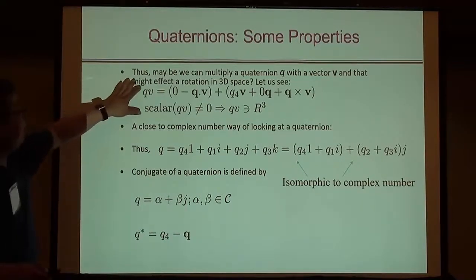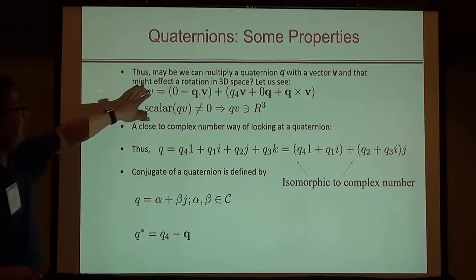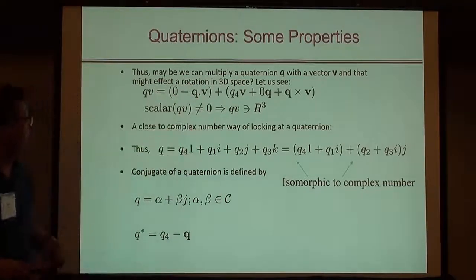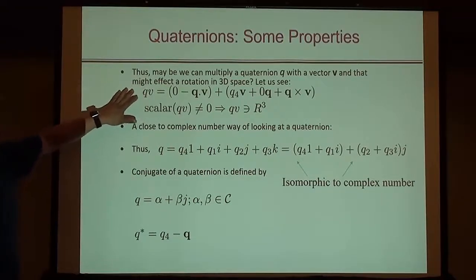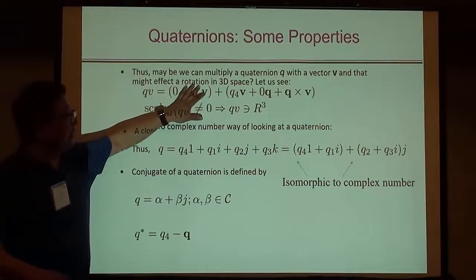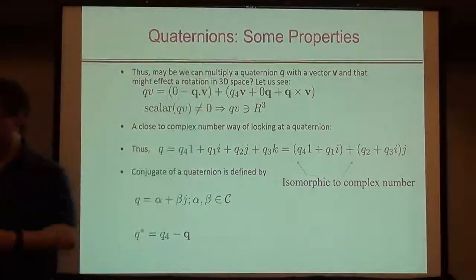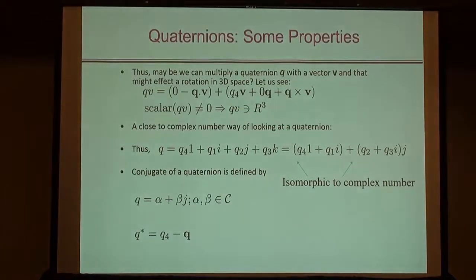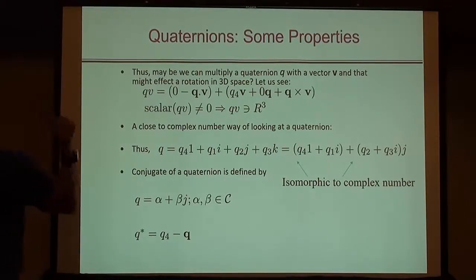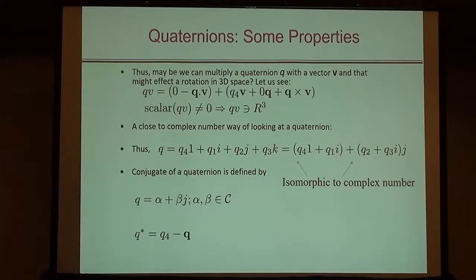Now, the other thing we want to look into is multiplying a quaternion with a vector, and how that may affect the movement of the vector. The whole purpose that we are interested in quaternions is because they can represent rotations, right? So if we multiply a quaternion by a vector, what does it do to that vector?